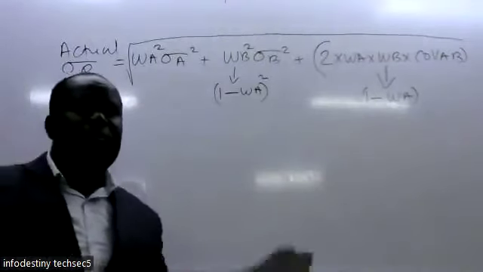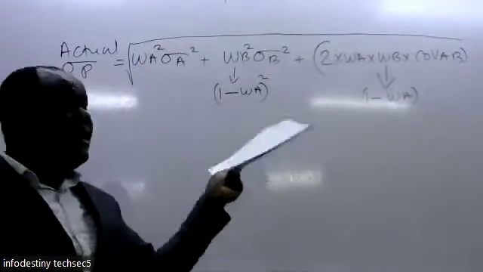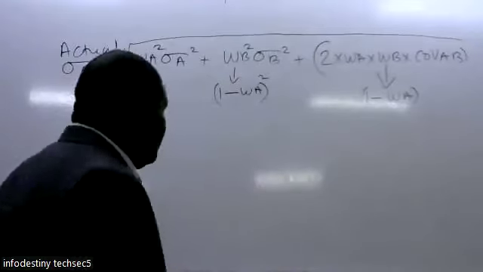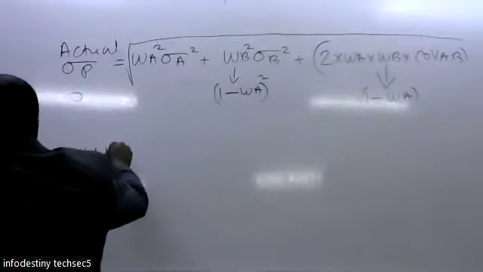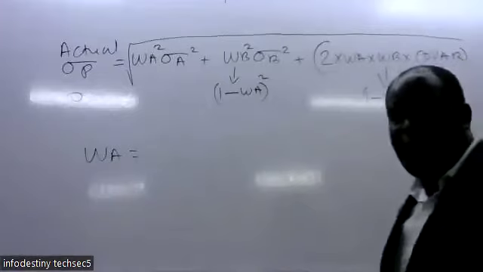So I don't want to go into much detail on getting the weight for A and the weight for B. What we should do is simply make the weight of A the subject. I'm already simplifying the formula.